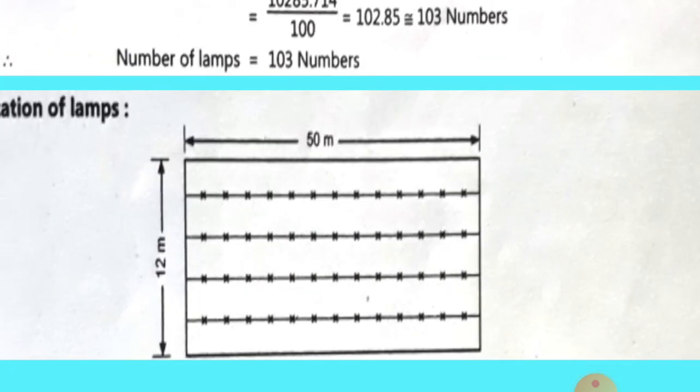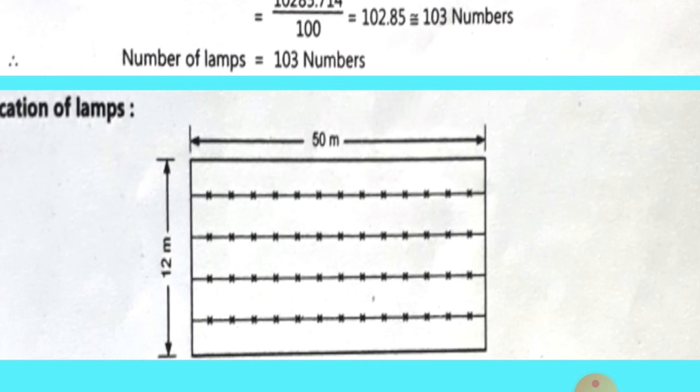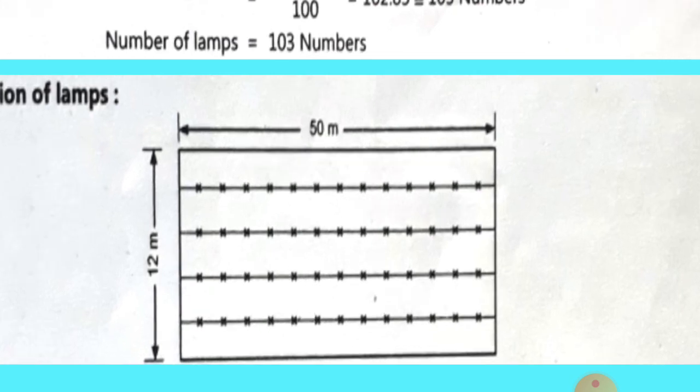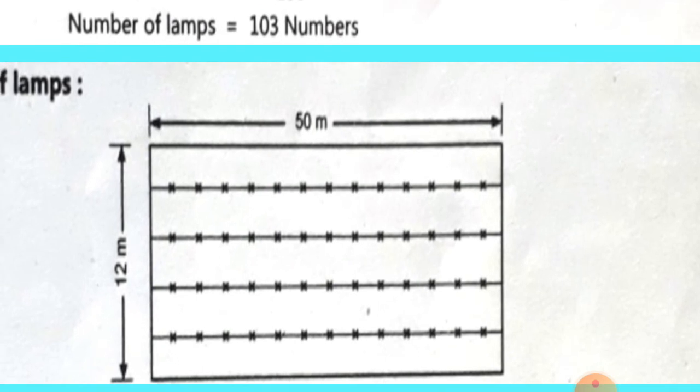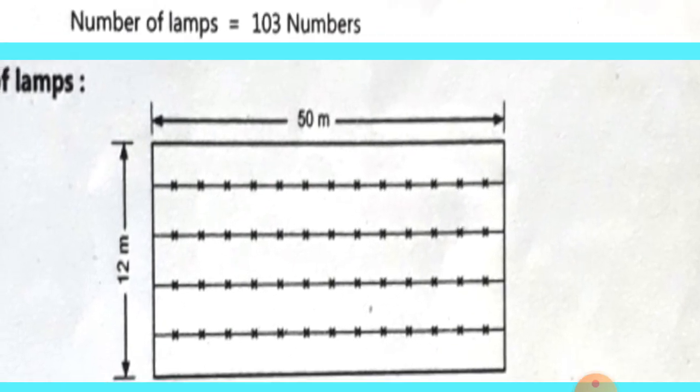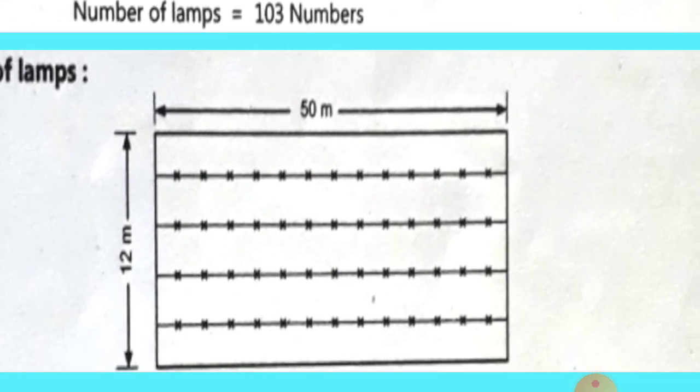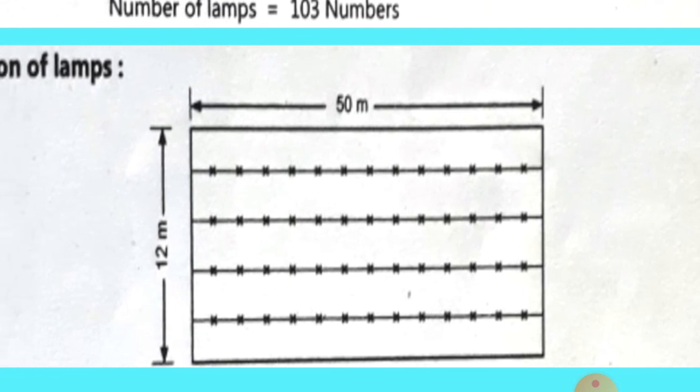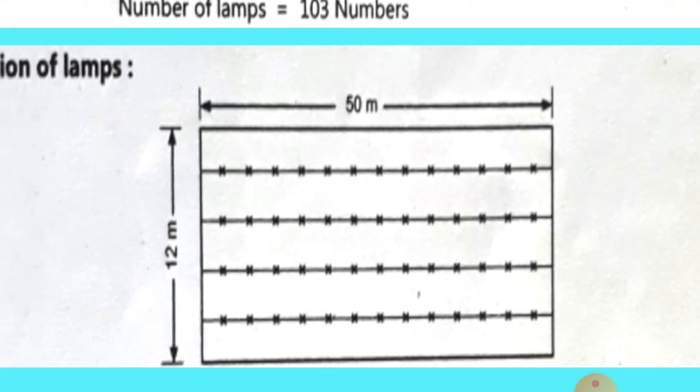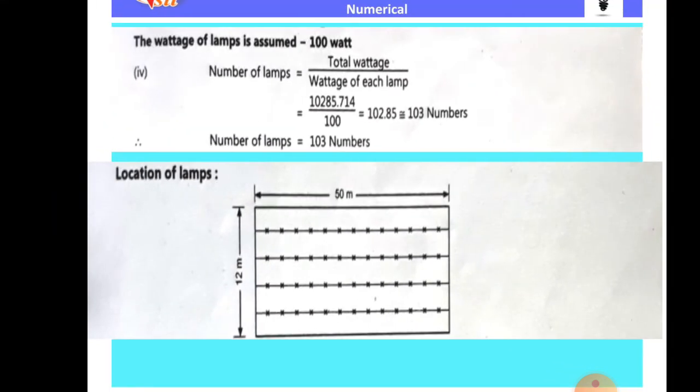So here there is homework for you: find out the space between the two lamps along the 12 meter and 50 meter length sides. We have to displace the 103 lamps in that configuration and find out the space to height ratio, or the space between the lamps.